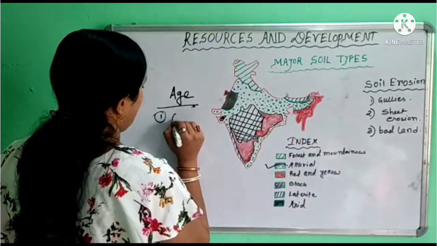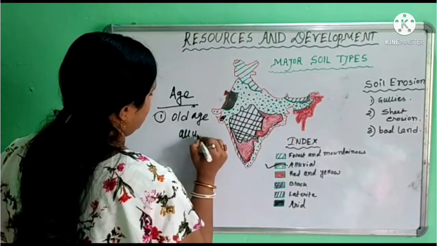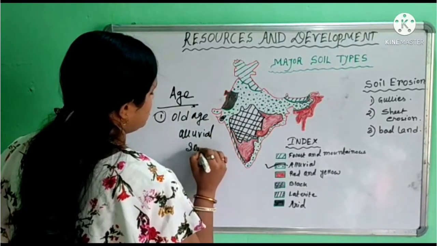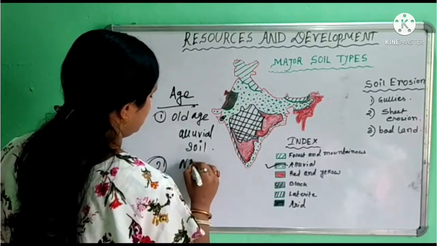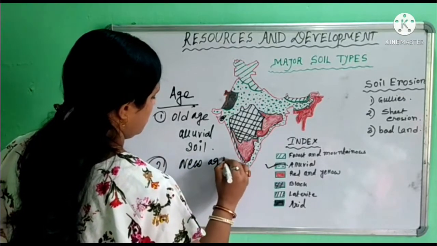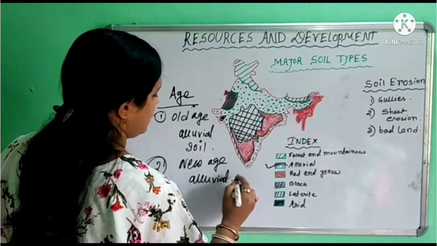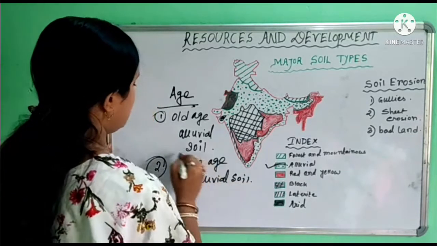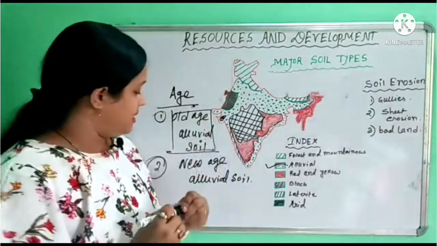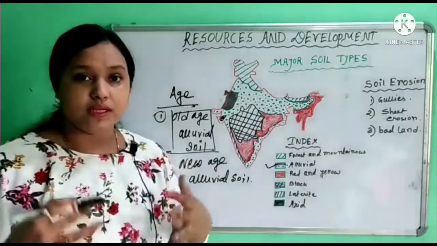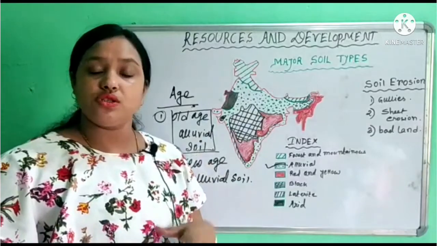One is old age alluvial soil, which is known as bhangar, and another is new age alluvial soil, which is known as khadar. So on the basis of age we also divide alluvial soil into two types.